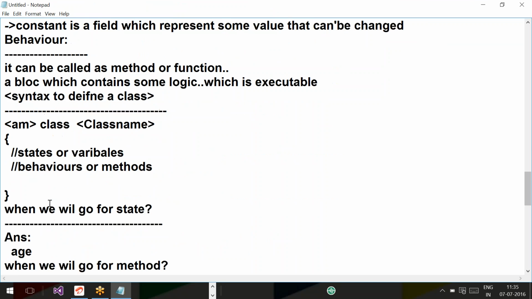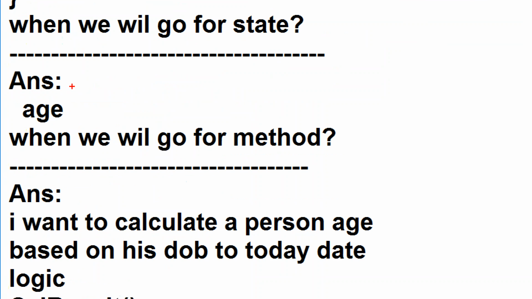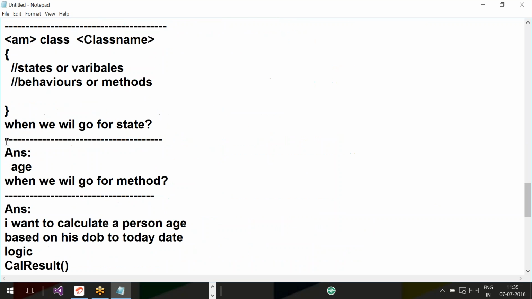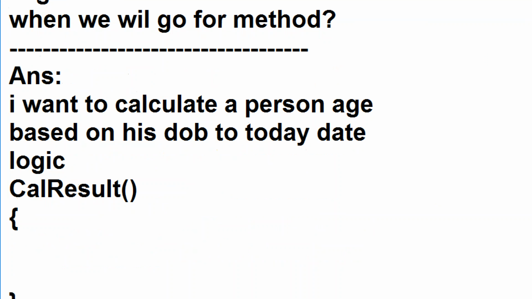When do we go for state? Whenever we want to represent some value, and the value can be changed, for example age. When do we go for method? Whenever we want to represent some functionality.